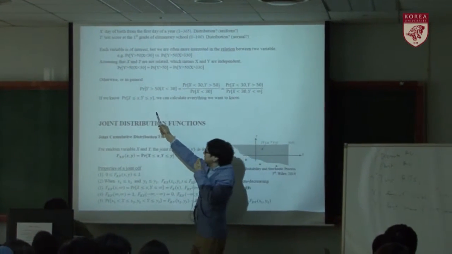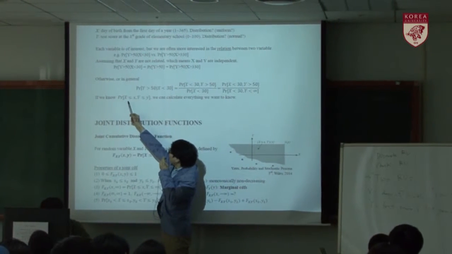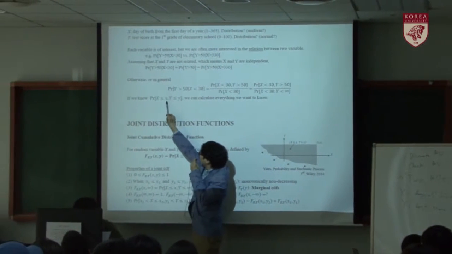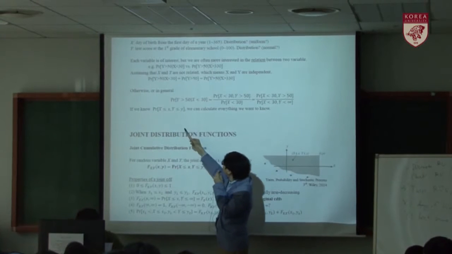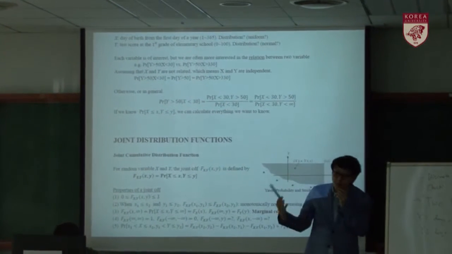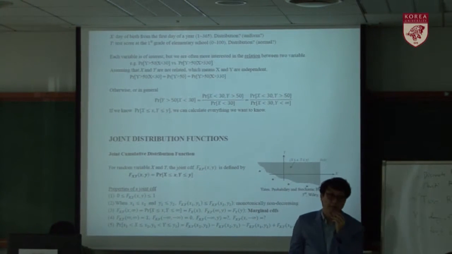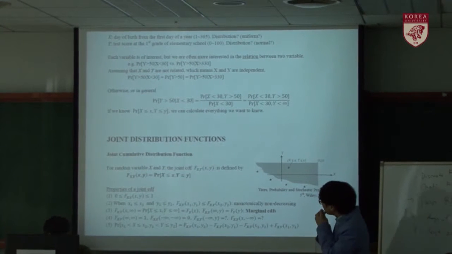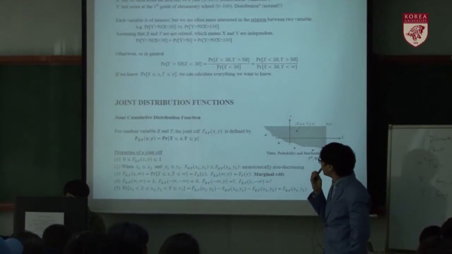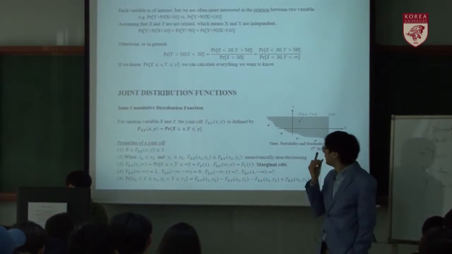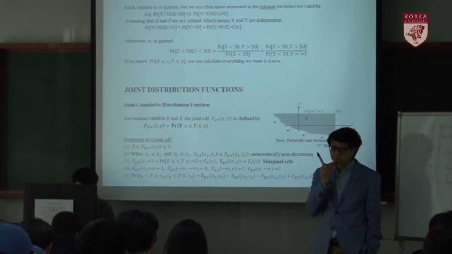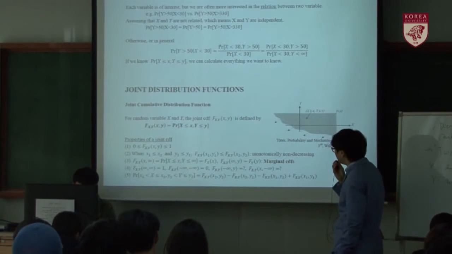By calculating the probability that satisfies these two conditions, we can calculate any relation between x and y. That's the basic concept of the joint probability distribution.